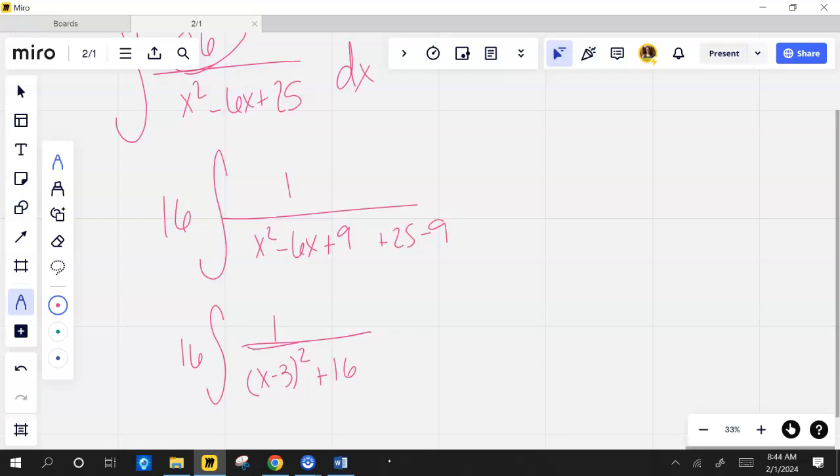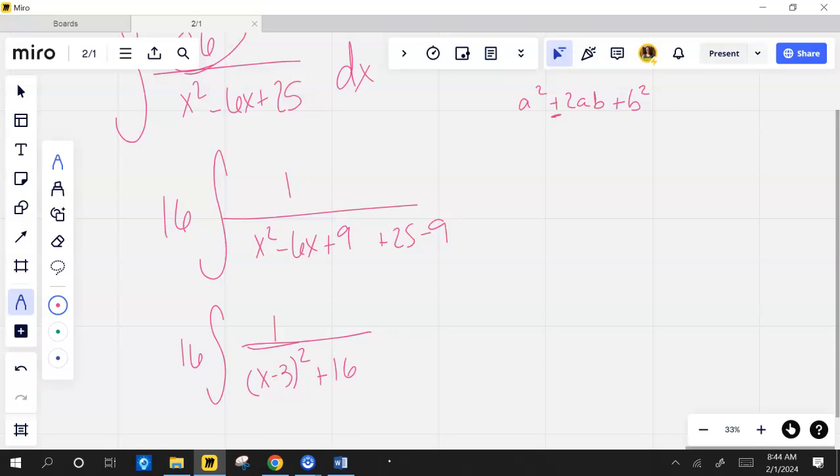Everybody okay? A squared plus 2ab plus b squared. That's actually plus or minus b squared.